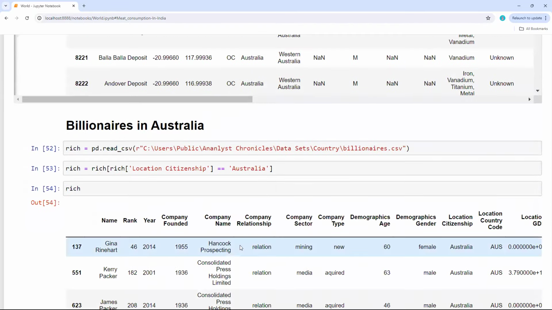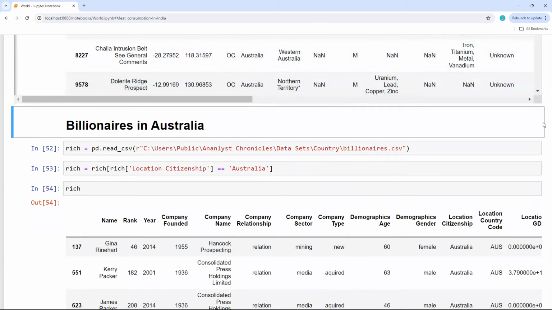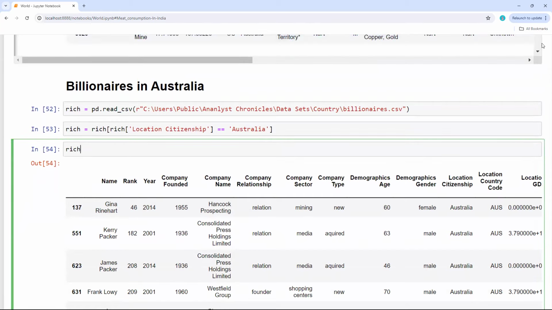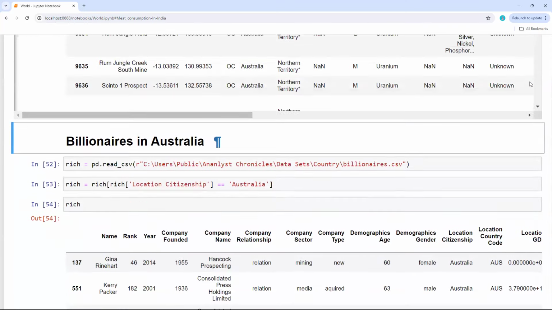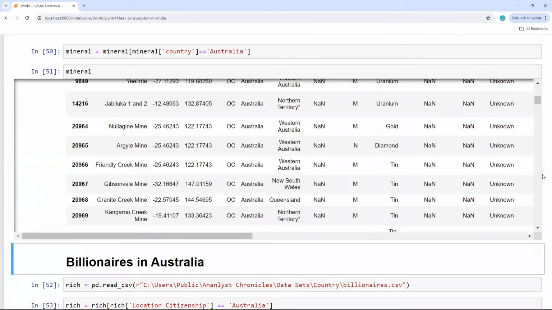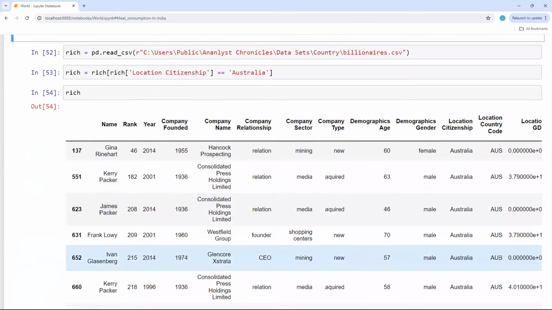And if I look at the billionaires in Australia, this is the list of world billionaires, and I have sorted for Australia. Australia has a lot of billionaires. Here you can see the data shows Gina Reinhardt, ranked 46 in 2014, and the company was founded in 1955.